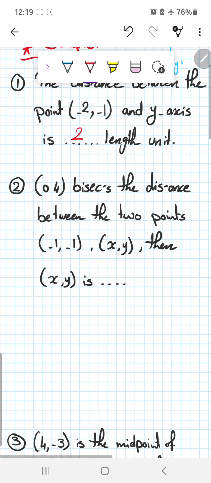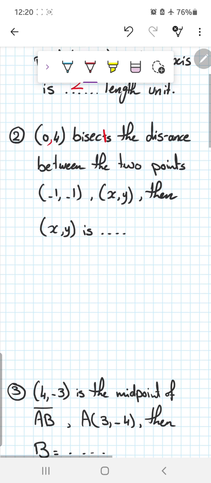Number 2, (0, 4) bisects the distance between the 2 points (-1, -1) and (x, y). Then (x, y) equals, what's the meaning of (0, 4) bisects the distance? It means (0, 4) is the midpoint of these 2 points.